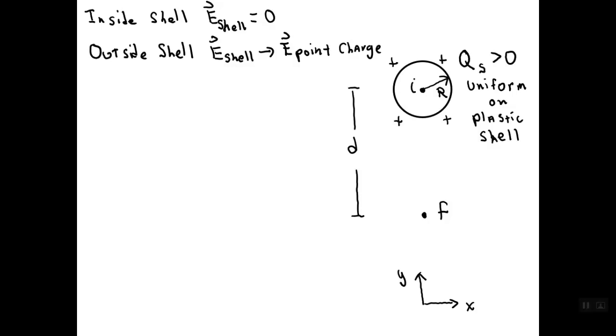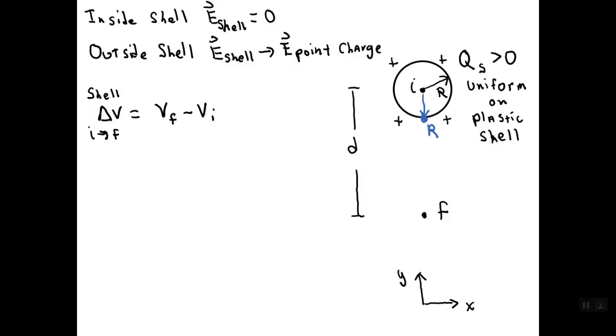So in finding delta V of the shell, which is the electric potential at F minus the electric potential at I, we'll consider an intermediate location on the surface of the shell at radius R.